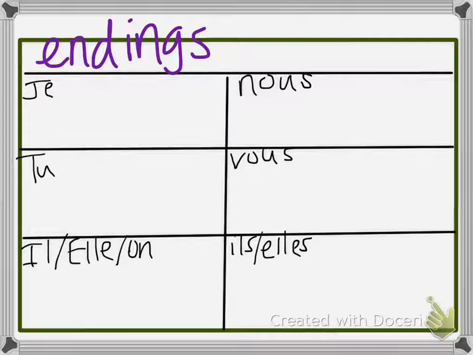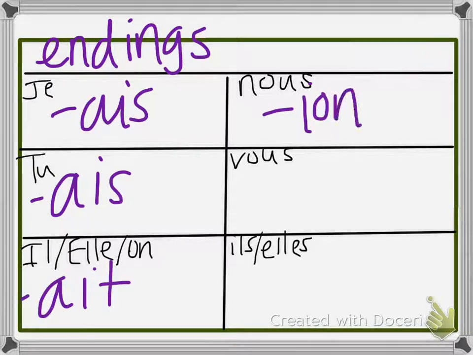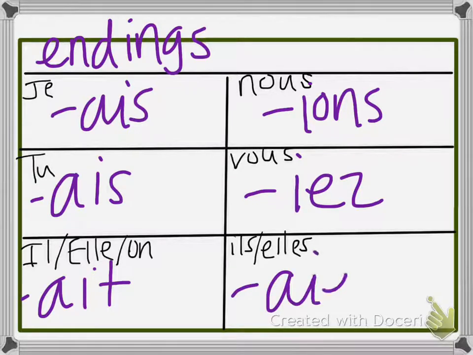The endings for the imperfect are as follows: AIS, AIS, AIT, IONS, IEZ, and then the more complicated one, AIENT.